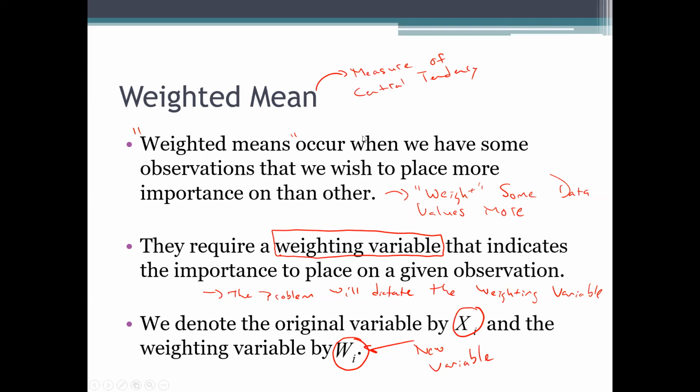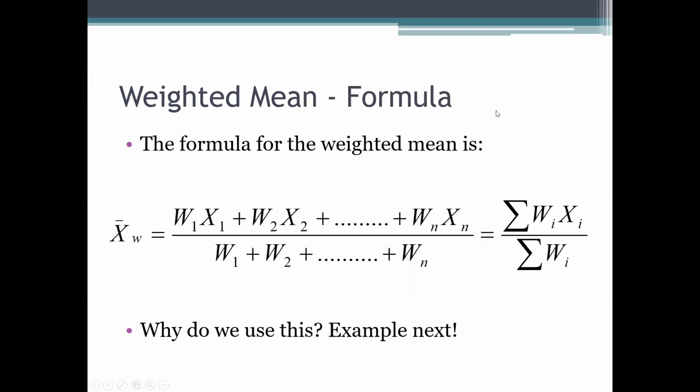Actually, I'm sorry, before I do that, let me give you the formula. Sorry, I'm getting ahead of myself. The formula for the weighted mean is as follows. We just call it the weighted mean, or x bar w. There is no other notation for it. There is no difference between a population and a sample one. This is just denoted as the weighted mean, and that's it.